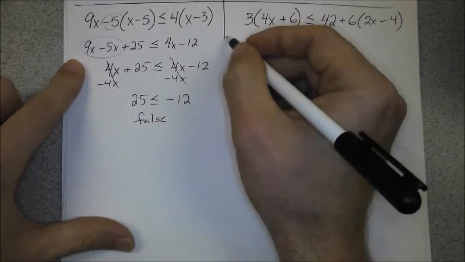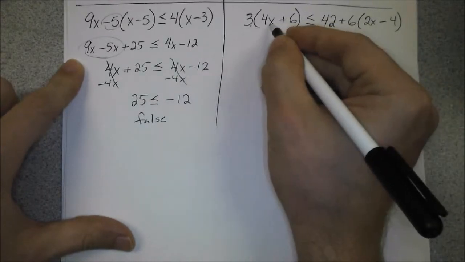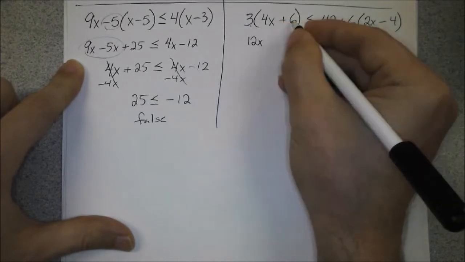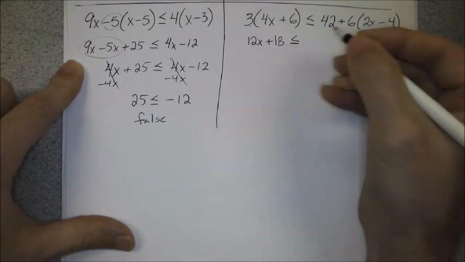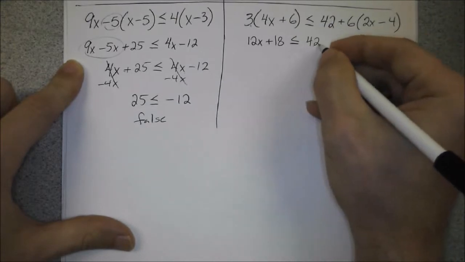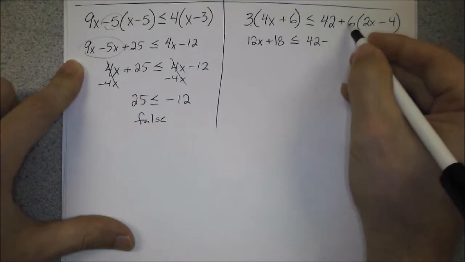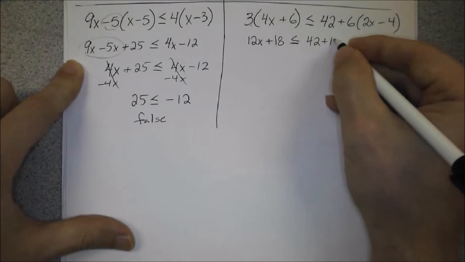So now let's take a look at this one right here. 3 times 4x is going to be 12x. 3 times plus 6 is going to be plus 18. Less than or equal to, I've got 42. And then I've got 6 plus 6 times 2x, that's going to be plus 12x.